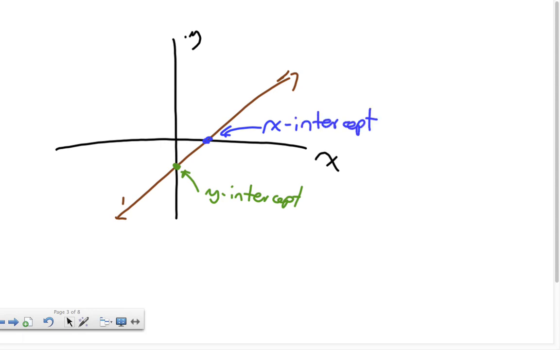Okay? So when we have our line, unless it's completely horizontal, it's going to cross the x-axis as well. So what's special here at the x-intercept? What can we see here? With the x-intercept, what's special about this point here?